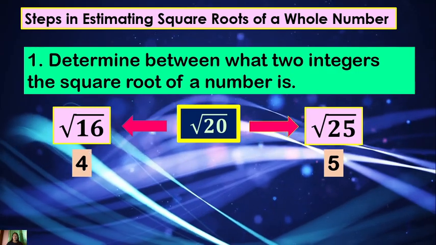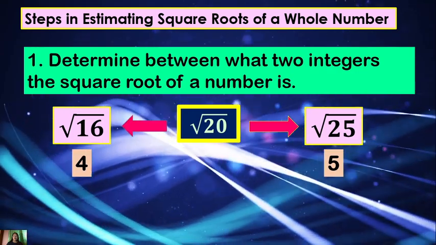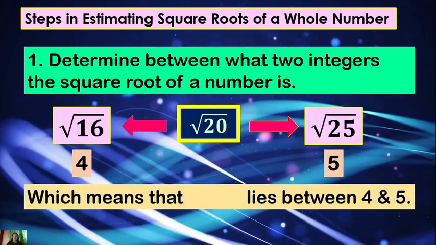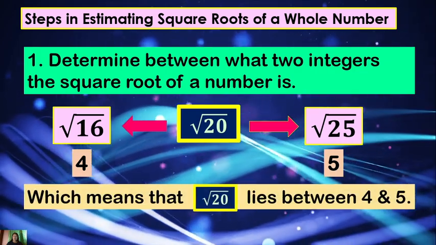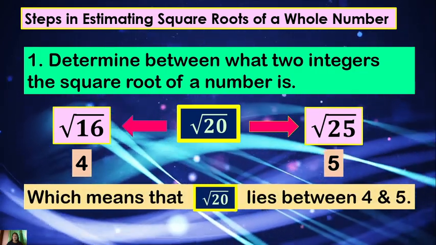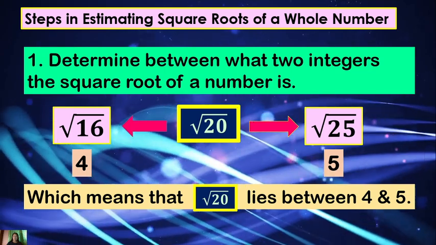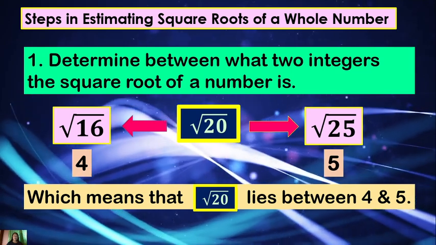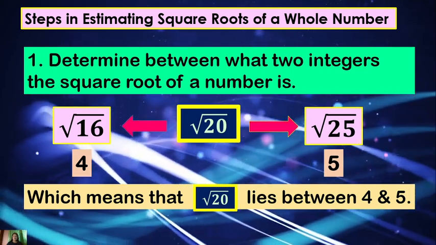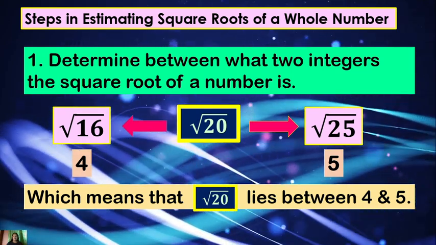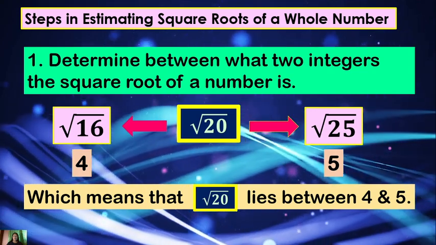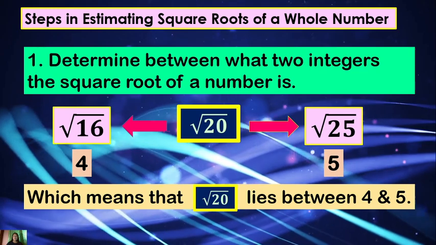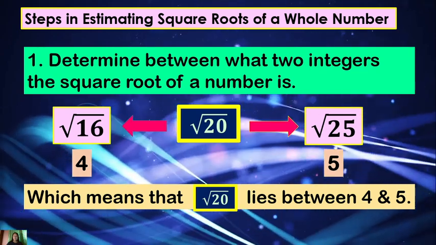So these are the two numbers in between which square root of 20 lies, which means that square root of 20 lies between 4 and 5. So that's the first thing to do in step number 1: you are going to find the two integers in between the given radical.